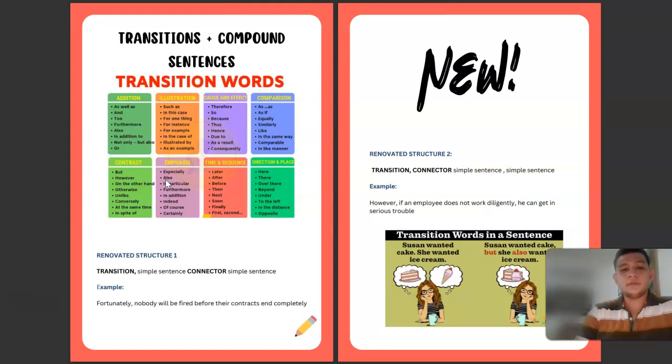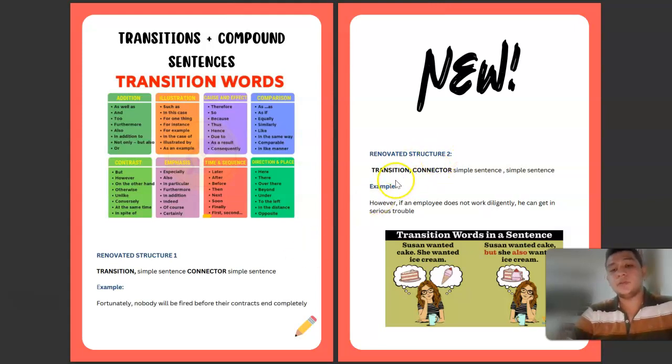Remember, the compound sentence is two simple sentences with a connector, like this part: one simple sentence plus connector plus simple sentence. And in this, we add a transition. Yes, because it's two simple sentences, a connector and a transition. For example, fortunately, nobody will be fired before their contracts are completed.